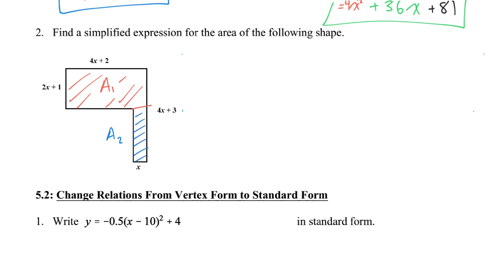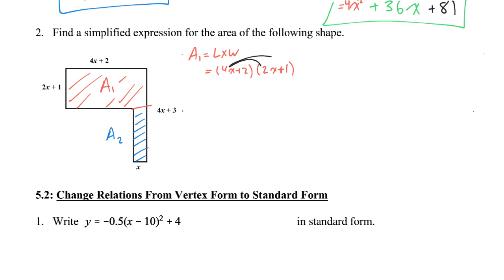Now, it's very easy for us to calculate the area of A1. A1 is simply length times width, right? The length of A1 is this, just 4x plus 2. And then its width is 2x plus 1. And now we end up just expanding like we did before.